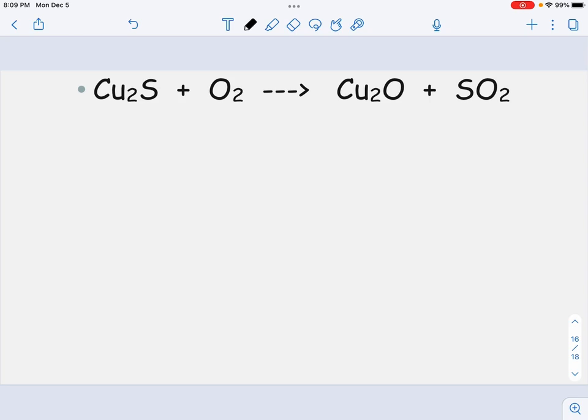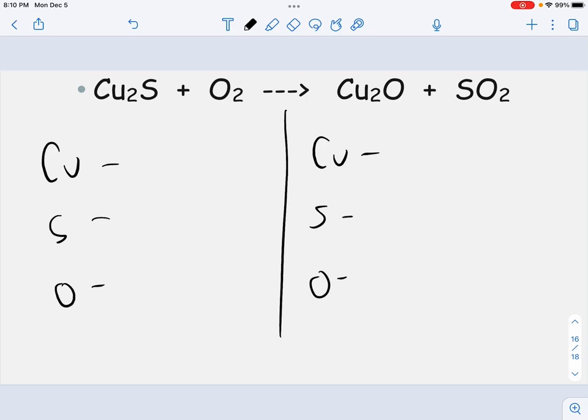Okay, we're down to the final 2. All right, so we have Cu2S plus O2 produces Cu2O plus SO2. All right, so let's write all the elements we have. We have copper, sulfur, and oxygen, okay?